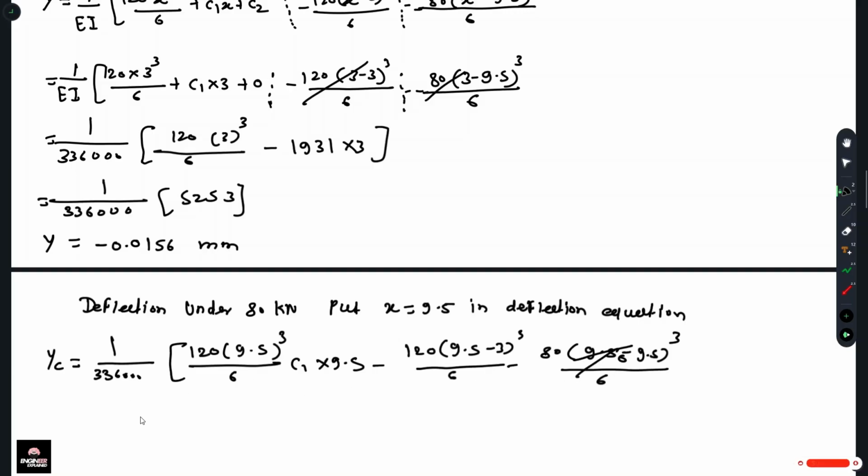After solving and simplifying, we get the value of yc is equal to minus 0.019 mm.